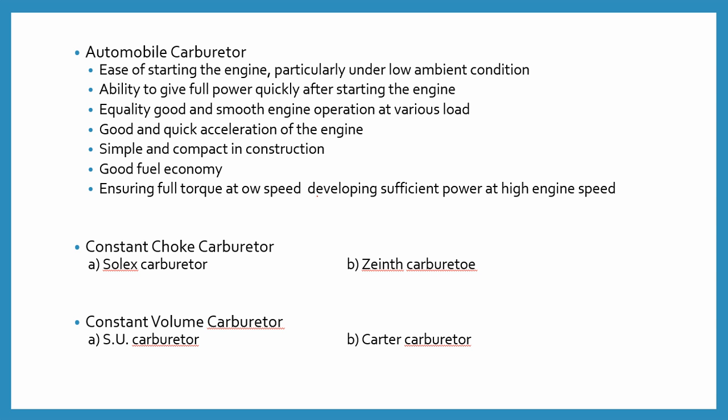So now coming to the automobile carburetor. Students, in the automobile we use the carburetor for ease of starting the engine, particularly under low ambient conditions, the ability to give full power quickly after starting the engine, good and smooth engine operation at various loads, good and quick acceleration of the engine, simple and compact construction, and good fuel economy, ensuring the full torque at low speed, while developing sufficient power at high engine speed.